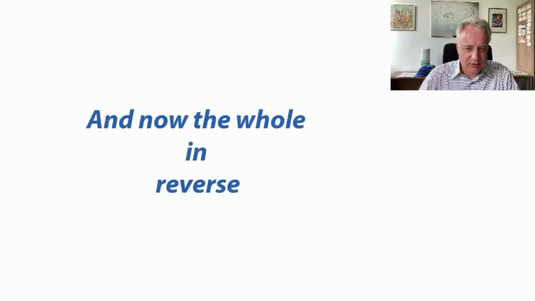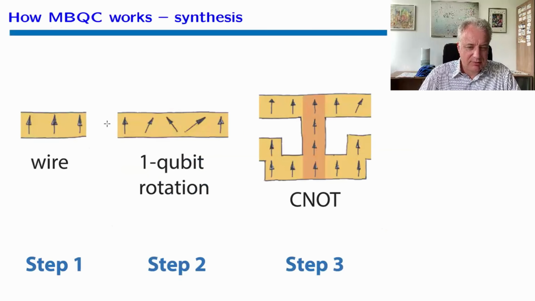And in the proof, we do it in reverse. So here are the steps we'll do in the proof. Steps 1, 2, 3: we look at the simplest gate, which is just the identity. This is done by measuring cluster qubits in the eigenbasis of X. So this is a complicated way of doing nothing.